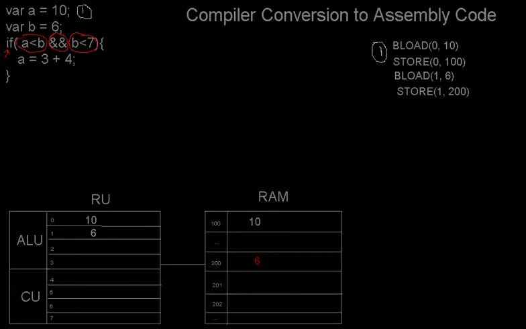So the way that we would write this would be, now we can say compare directly because we have our representation for A and B already in registers.